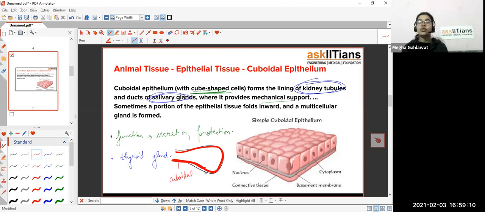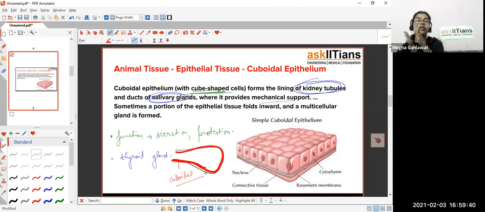And they help in the secretion of different hormones. They help in the protection of the gland. And they could be present on the lining of the gland or the lining of the duct of the gland. What is a duct of the gland? A duct of the gland is a pipe-like structure which helps in transporting the secretion onto the outer surface.